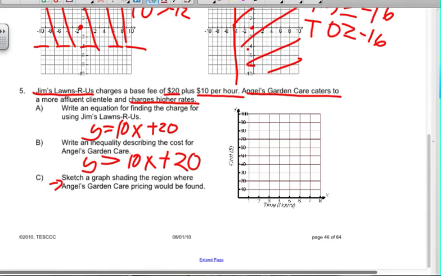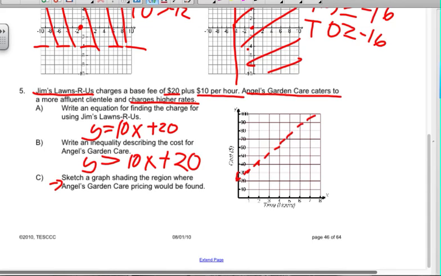So we've got a y-intercept of 20. I've got a slope of 10, so I go up 10, 20 to 30, and over 1, up 10, over 1. Now this is going to be dashed because it's not equal to.